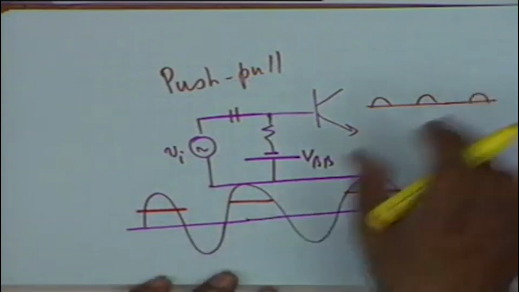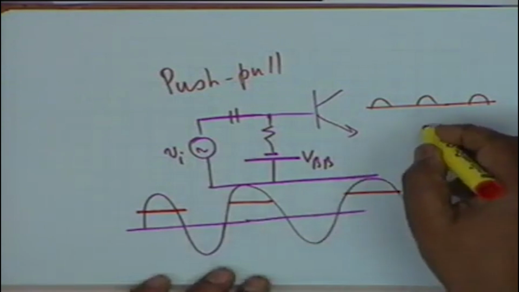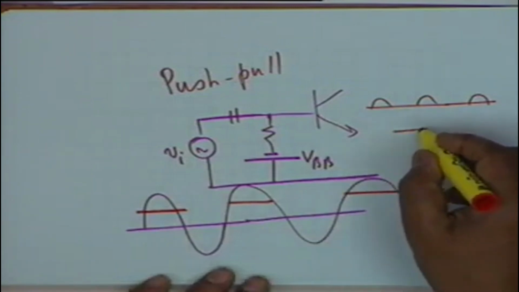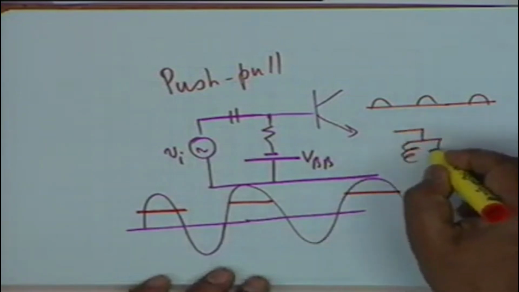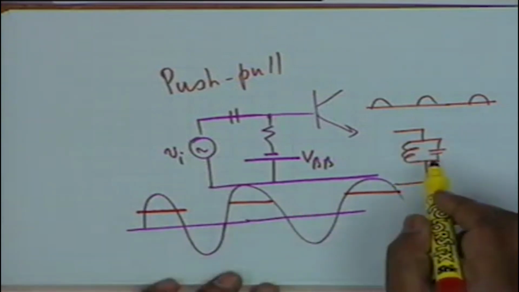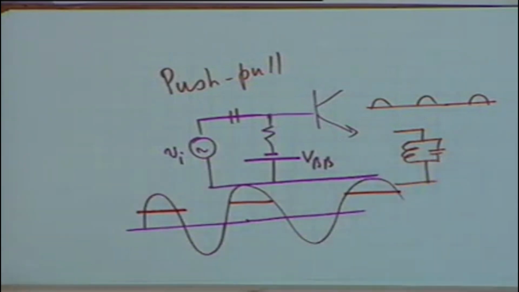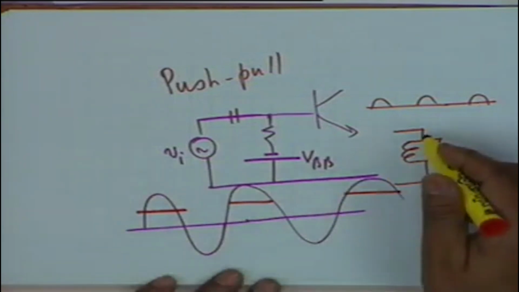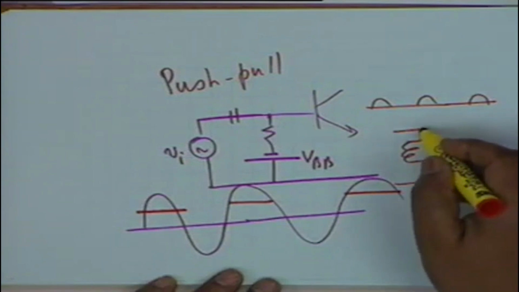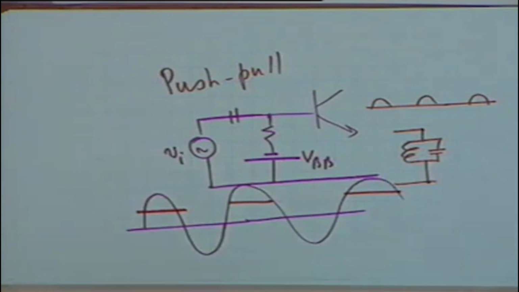you know that such pulses can be decomposed by Fourier analysis into their fundamental and harmonics. What is done is, these pulses of current are passed through a tuned circuit, a parallel resonant circuit, which is resonant at the fundamental frequency, which means that at the fundamental frequency the impedance of this is very high.